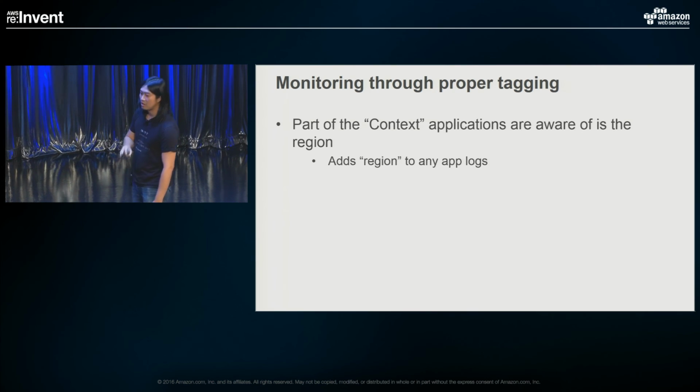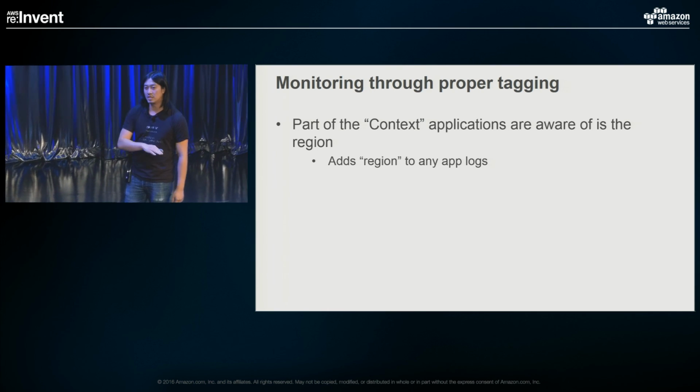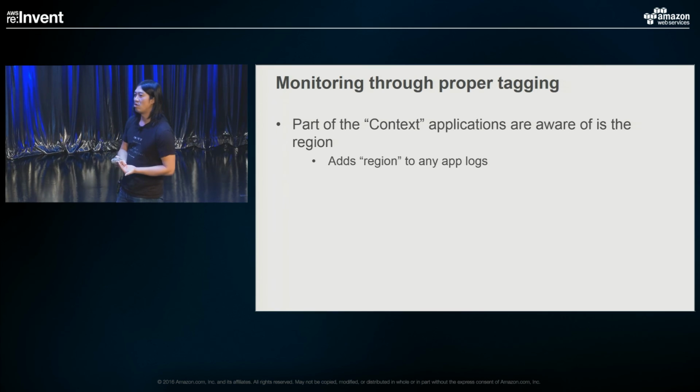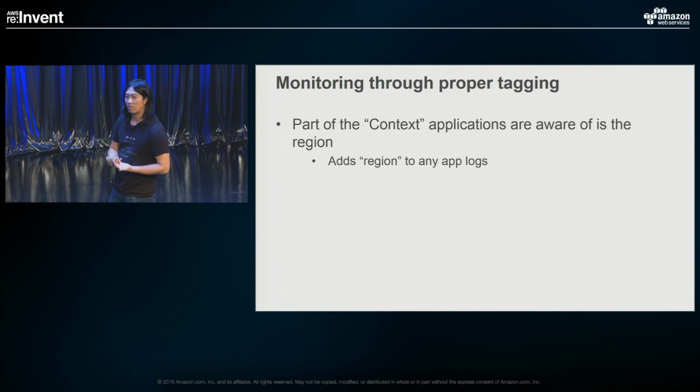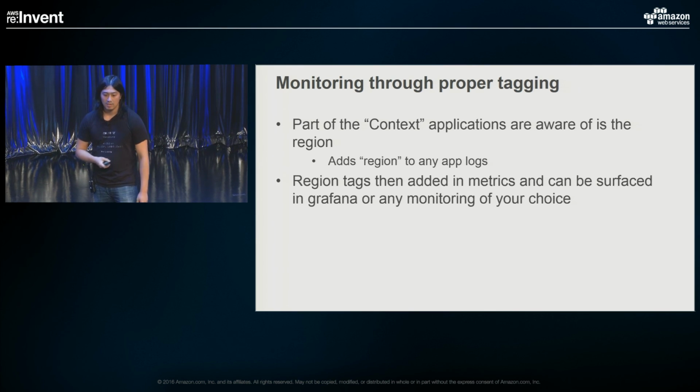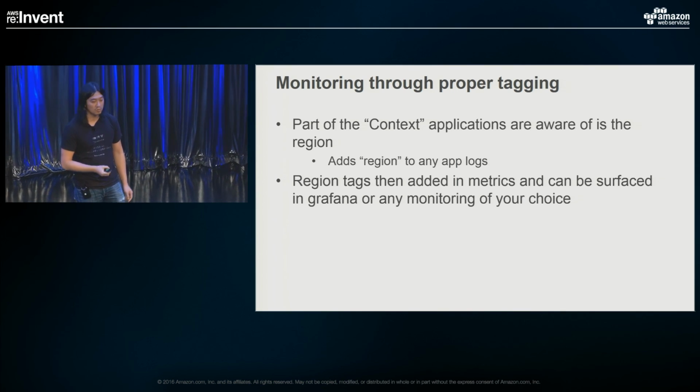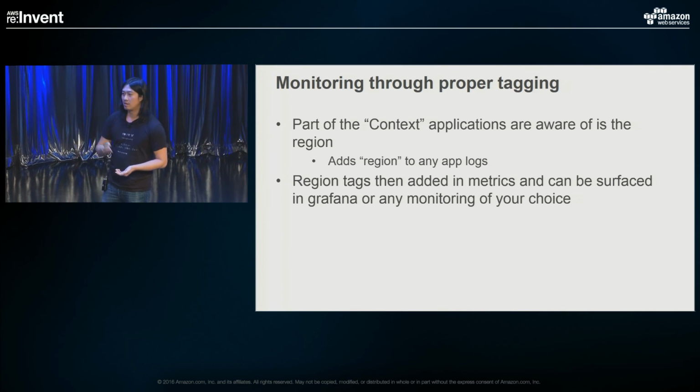Part of the context of all the applications, like I mentioned before, was the region. With this region, we attach it to all of our logs so we can build our proper graphs and know where any problem exists. These region tags can be plugged into any monitoring of your choice. We use Grafana, and we also use some Splunk.